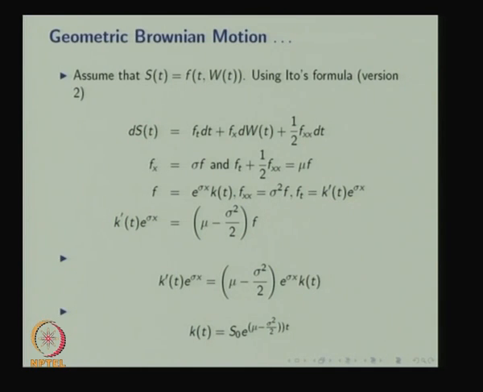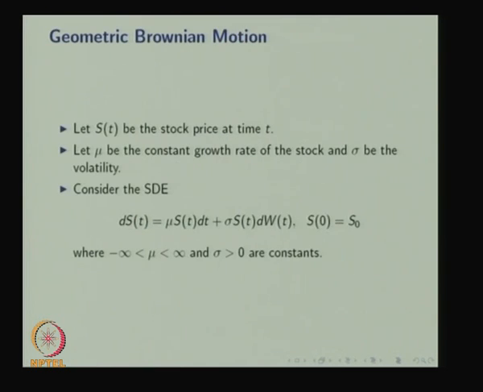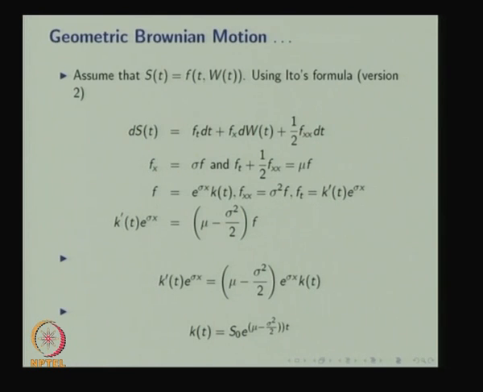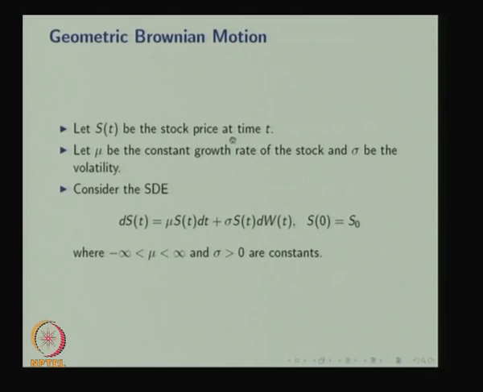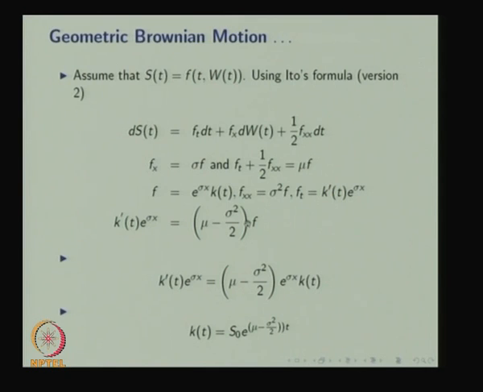Now you can compare this with the given stochastic differential equation. This is the given equation for dS_t, whereas by the Ito formula dS_t is written this way. Comparing, the partial derivative of f with respect to x is the coefficient of dW_t, that is sigma times S_t, that is sigma times f.